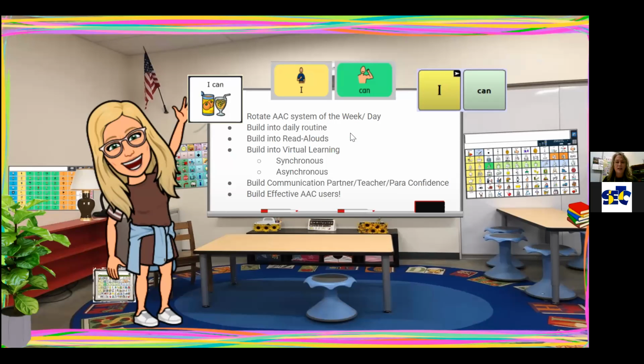One of the things we do is I rotate the AAC system of the week as well. I teach kindergarten through 5th grade, so all age groups. One of my groups has 2 first graders and they both use LAMP.